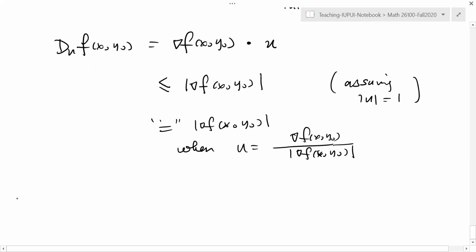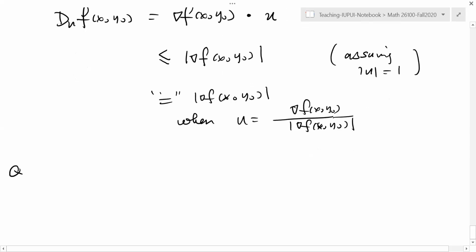We're trying to find the direction in which the maximum rate of change occurs. So this is a complicated question.